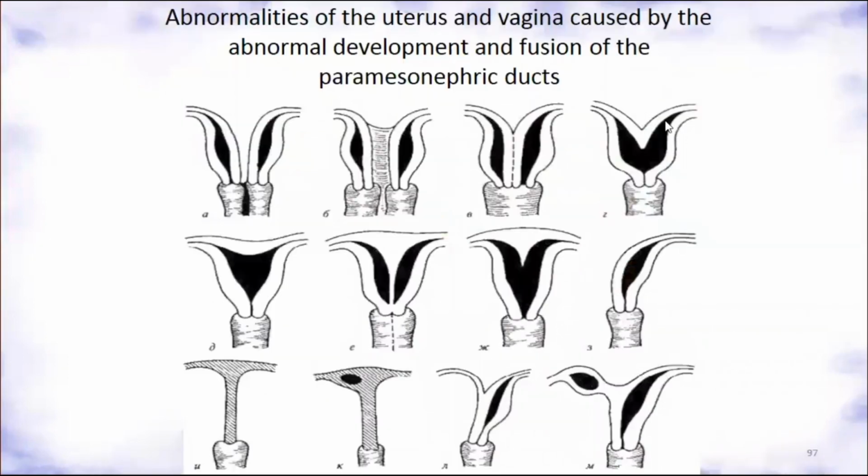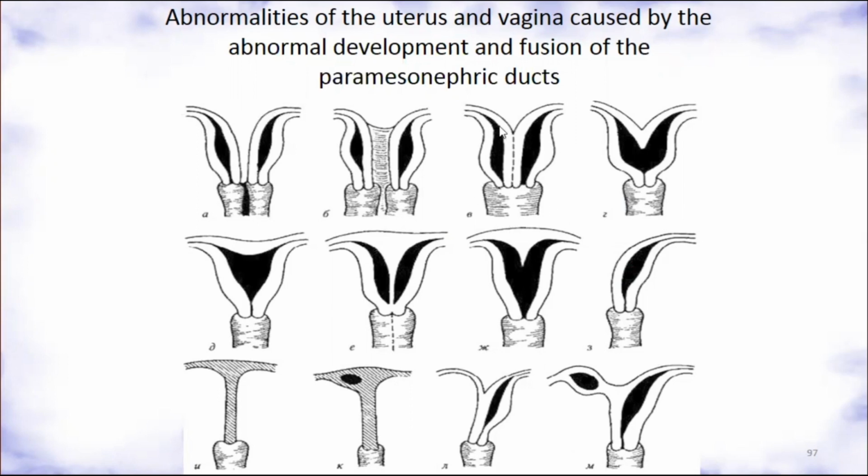And there are different abnormalities of the uterus and vagina which are caused by abnormal development and fusion of the paramesonephric ducts. So different kinds of duplication of uterus may occur as a result of incomplete fusion of those ducts. So sometimes there are two vaginas and double uterus, each with one fallopian tube. Sometimes they have a septum between them.